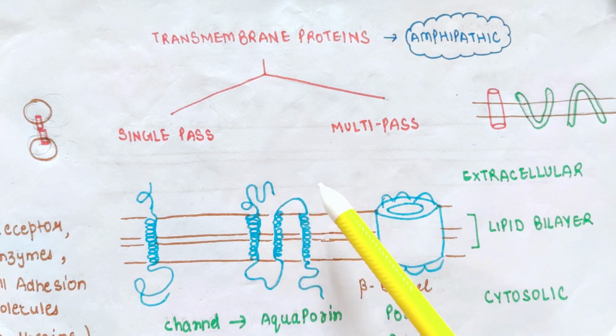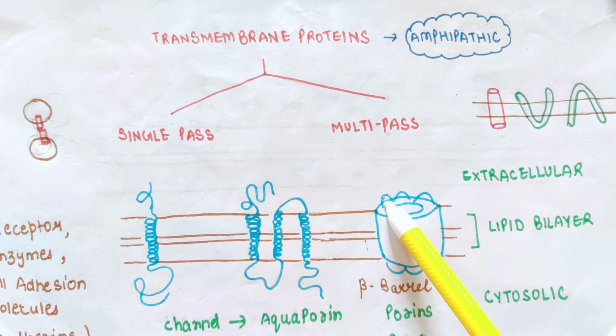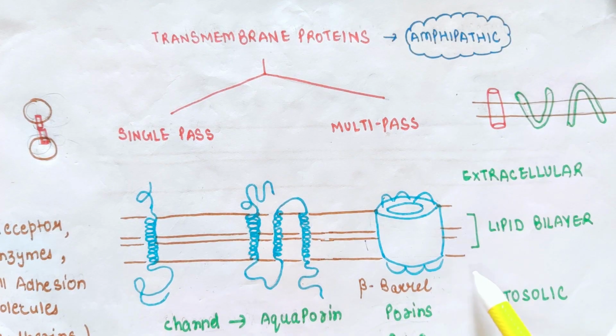So here the polypeptide chain can be either alpha helical or beta sheets, where the beta sheets roll up to form closed tunnel-like structures, something like this, which are called beta barrels. And these beta barrels are generally found in the outer membrane of bacteria, mitochondria and chloroplast.